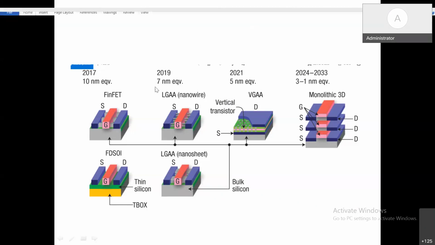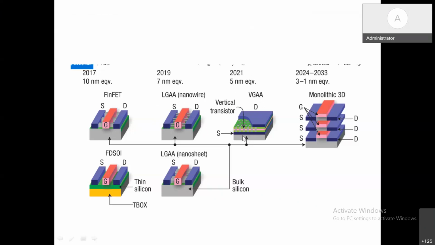In 2019, a 7 nanometer lateral gate-all-around, which I call a nanowire, was released. This is the structure. In 2021, they had a 5 nanometer equivalent, which we call a vertical gate-all-around FET.